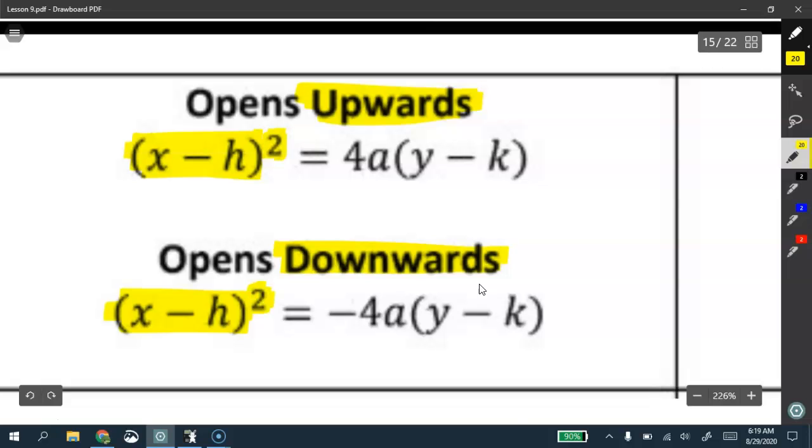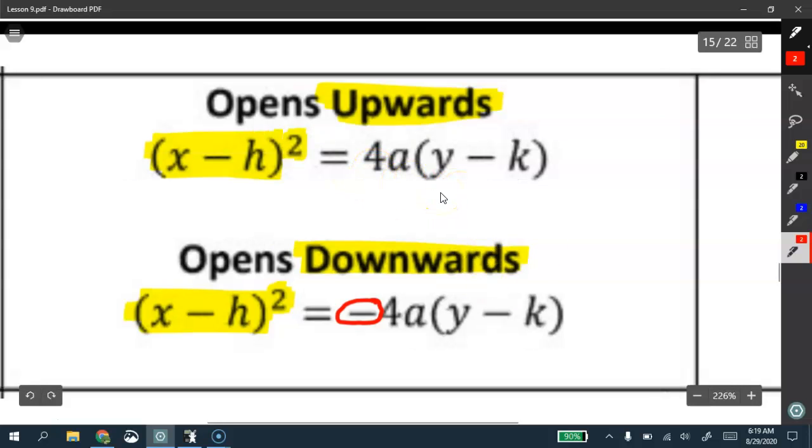So then the question is, what's so different about the one that opens up versus the one that opens down? It all really comes down to that negative symbol right there. As soon as that negative symbol exists, this parabola will open downwards. But if that negative symbol does not exist, then it's going to open upward.